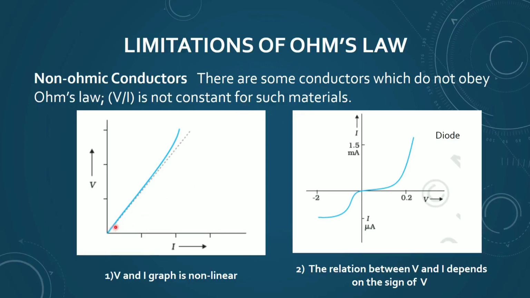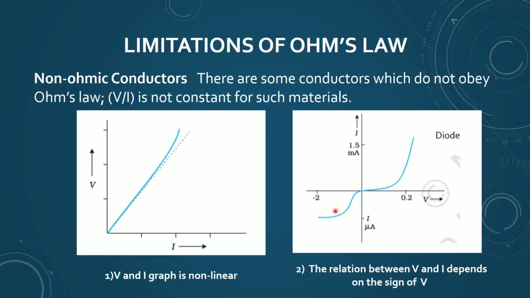Even for conductors, the graph is a straight line up to a particular temperature. If you change the temperature, then a deviation is there. That is a non-ohmic conductor. So both are shown here. For an ohmic conductor, the graph is a straight line with a slope. For non-ohmic, there will be variation from the straight line graph.